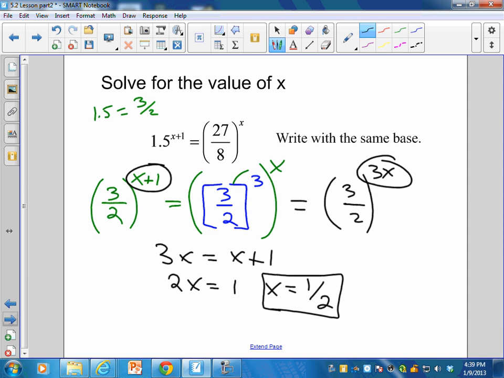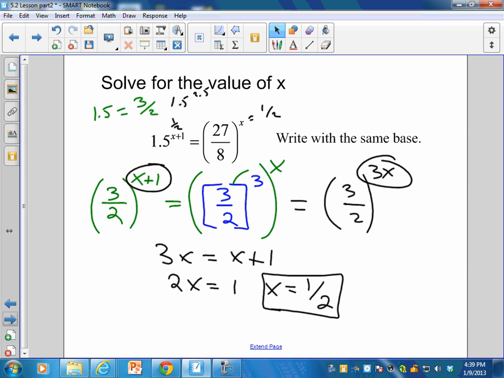If I put x equals 1/2 in, I'm going to get 1.5 to the 1.5 power and this fraction to the 1/2 power. You can check that in your calculator and make sure that that is indeed the case. But the real trick here, of course, is getting these bases to be the same.